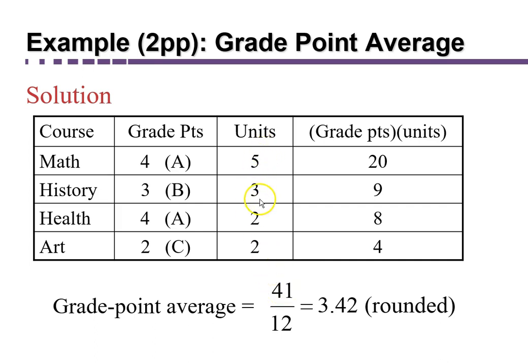And you have here a total of 12 units. So 41 divided by 12 gives you a grade point average of 3.42.